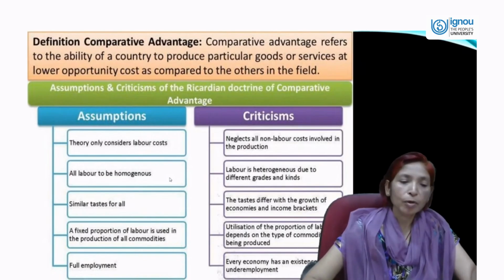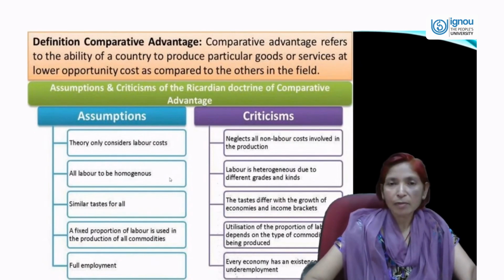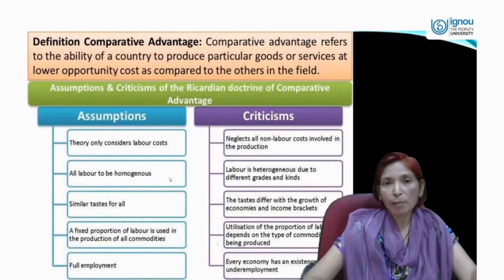Next is fixed proportion of labor used in the production of all commodities. This theory takes a fixed proportion of labor for the production of goods and services. There is a fixed ratio, but we know that at present, as the size of a business firm increases, the proportion in which we use labor and capital can change.